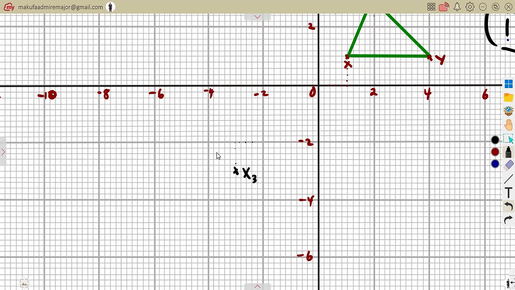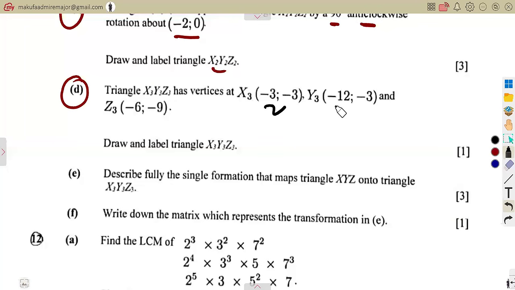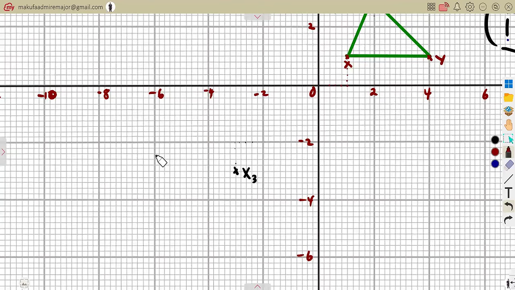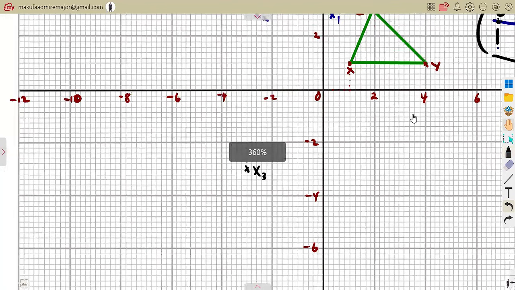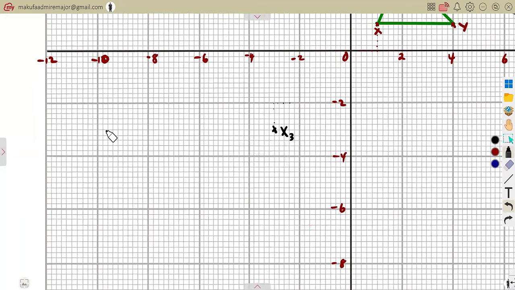Then also we have y3, minus 12, minus 3. You consider x there. Minus 12 and minus 3 is supposed to be in this line, but somewhere down there, minus 12. Okay, let's open the same line there. 1, 2, 3, 4, 5. Okay, that will be our y3.